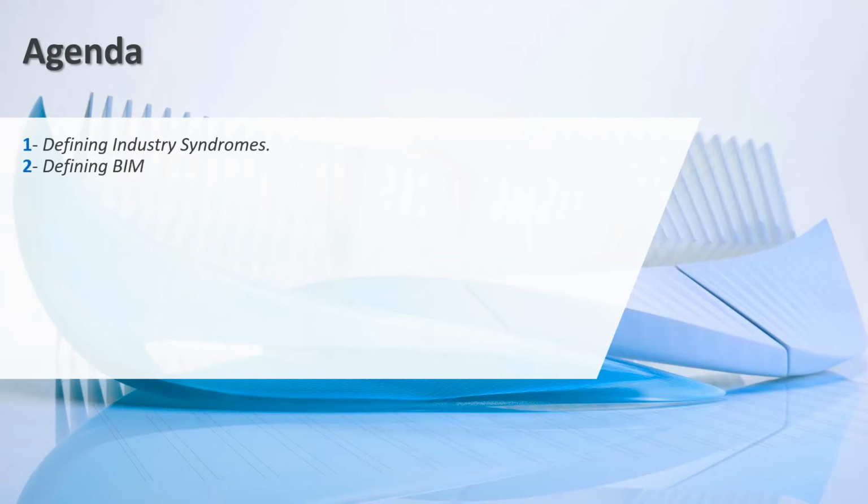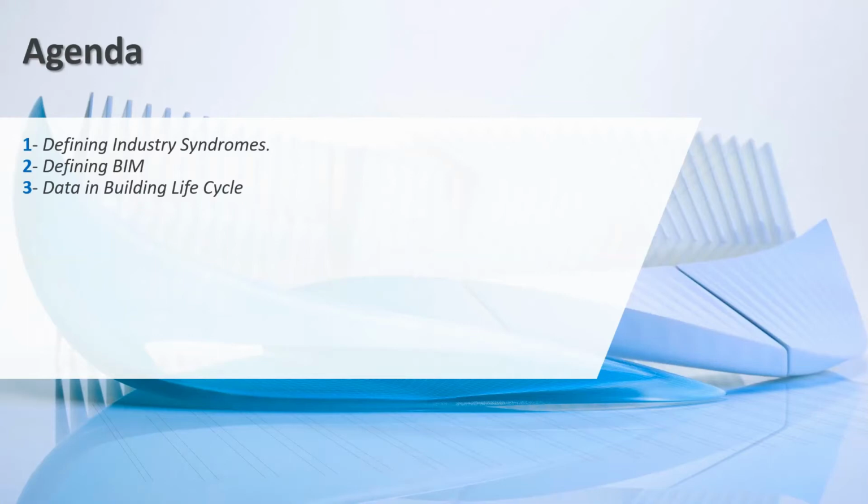So there is a bit of an agenda for us to go through. We will be covering the following topics and points within this series. We will be defining industry syndromes, or let's say industry trends that we are now seeing. Further to that, we will define what BIM is. For those of you who don't know what the abbreviation BIM stands for, we will go through that as well.